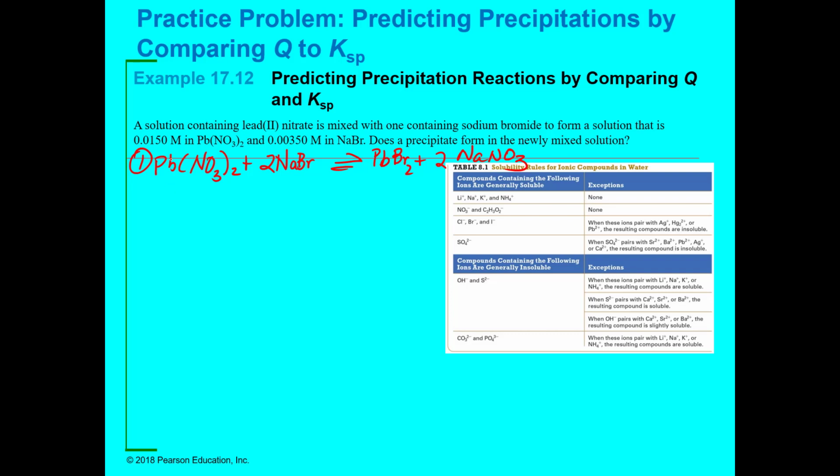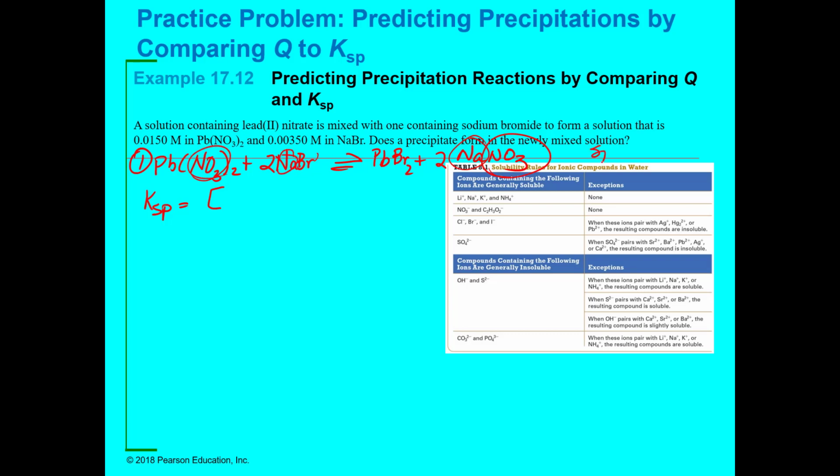Alright, so we know the KSP for this would be the PbBr2. Alright, so what's kind of a better thing to do is look at it and see what ions you're looking at. And so really what we're looking at is lead and bromine, because remember, sodium and nitrate are going to be present in basically the same forms.